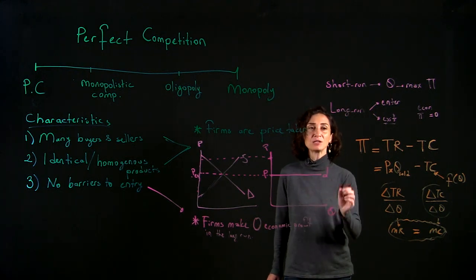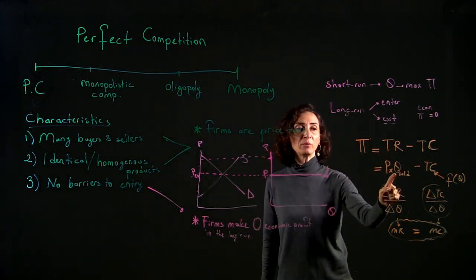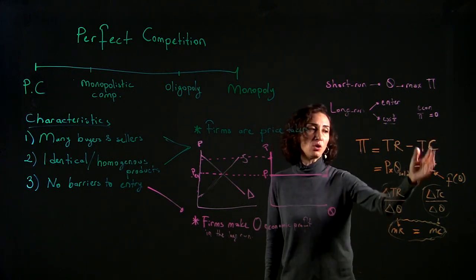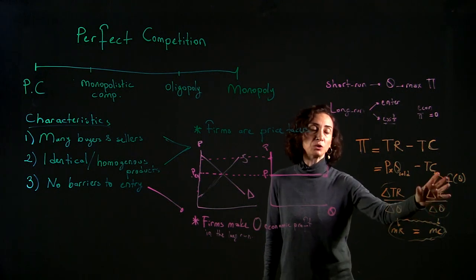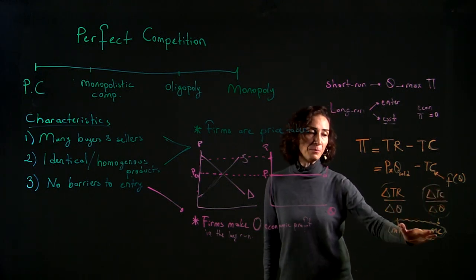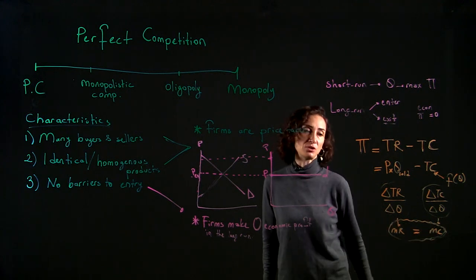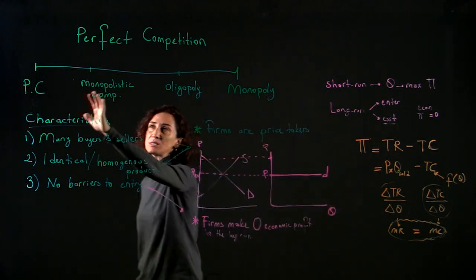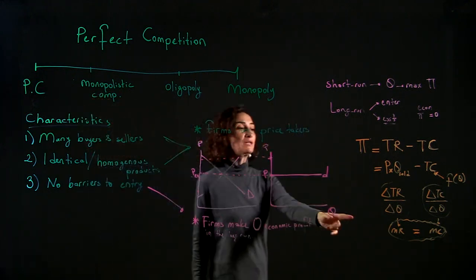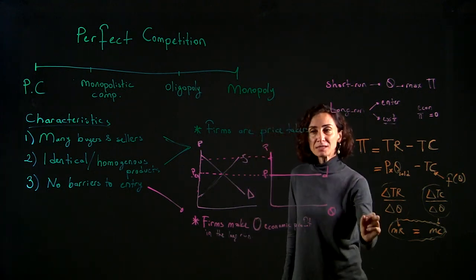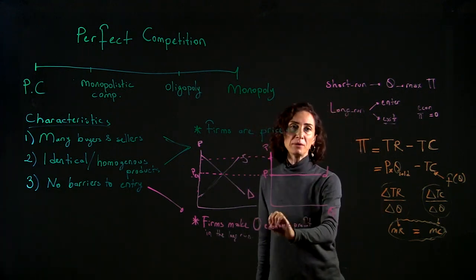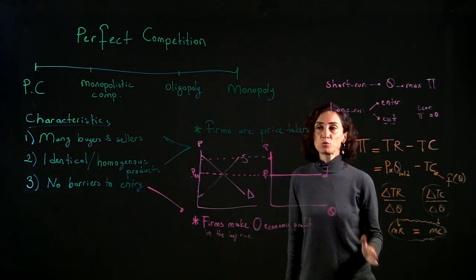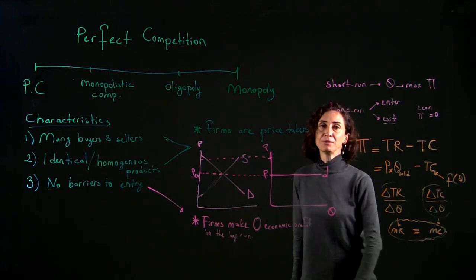We want to produce as long as additional revenue from an additional quantity, which is marginal revenue, is more than additional cost from producing an additional output, which is marginal cost, and then stop when marginal cost becomes larger than marginal revenue. This is a very general profit maximizing rule, generalizable for all firms. Now we will see what happens in a perfectly competitive market when the firm applies this rule, with a numeric example that is coming up next.